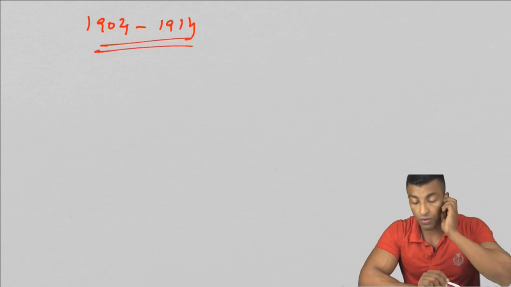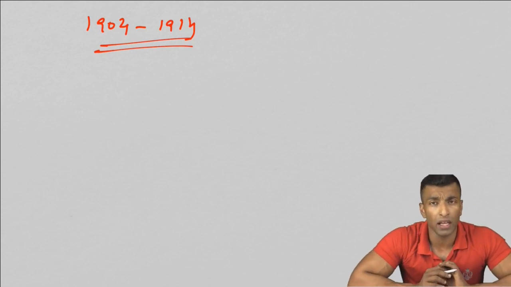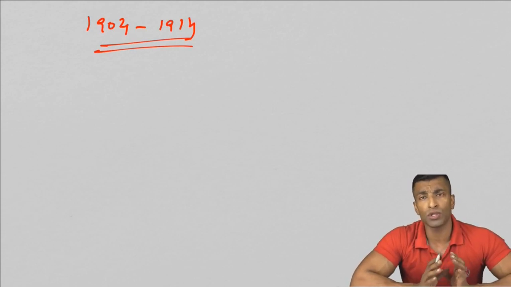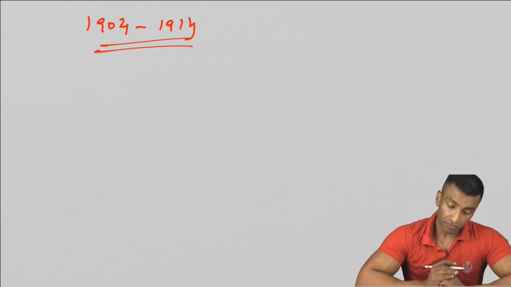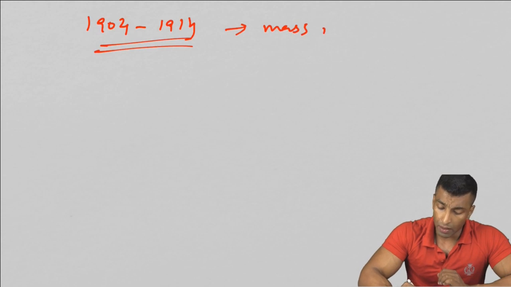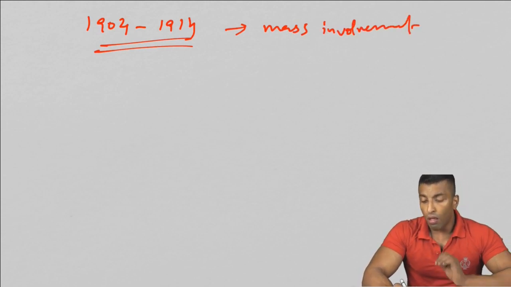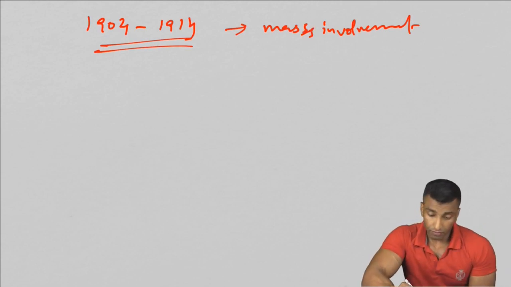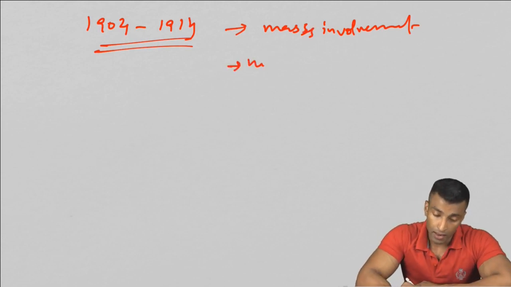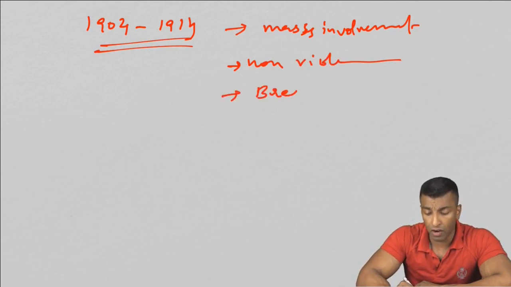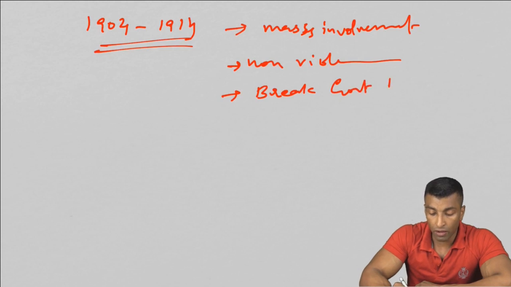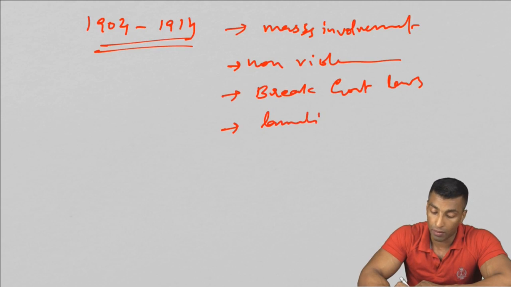In this phase, we will talk about many achievements and events of Gandhi, and also the issues Gandhi picked up during this phase. You'll see here mostly involvement of masses, then non-violence, but Gandhi breaking government laws and launching public protest.